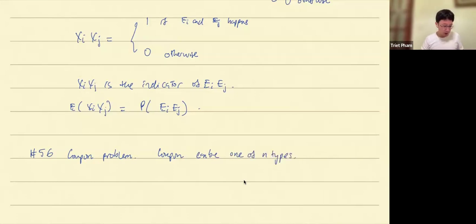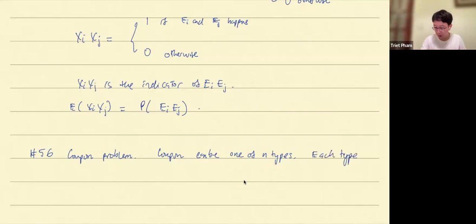But before, in the coupon question we did, all these types happen equally likely. But now the types are not equally likely anymore.